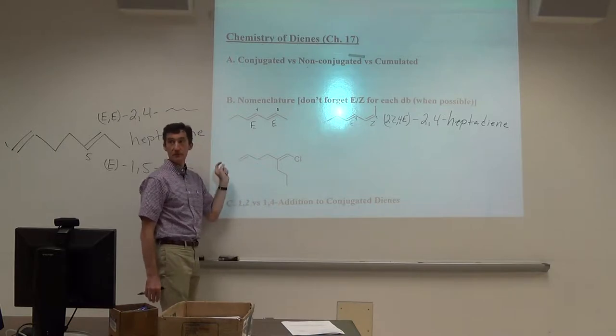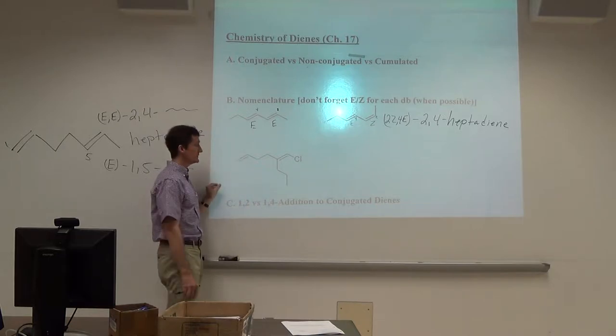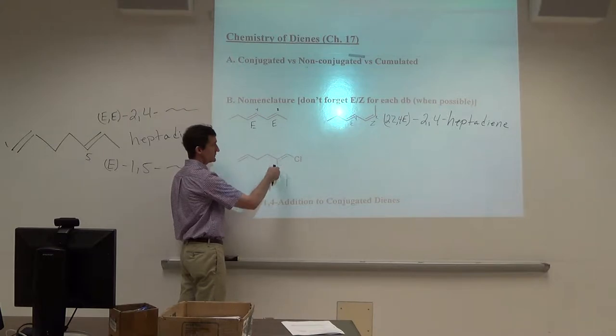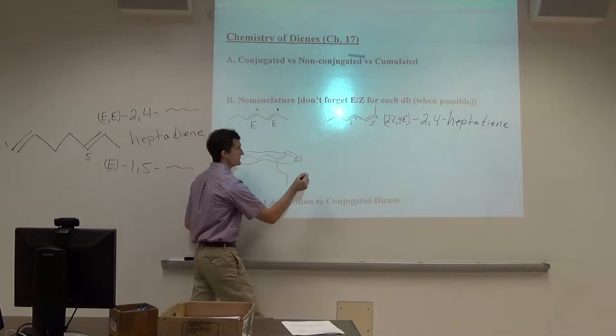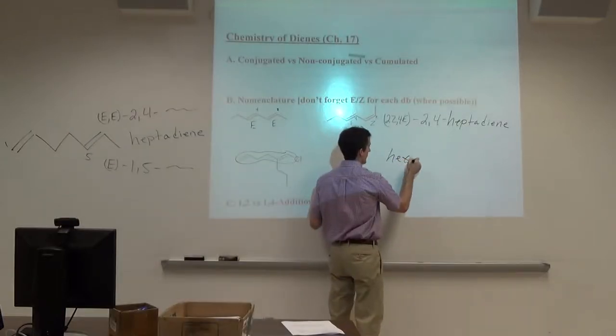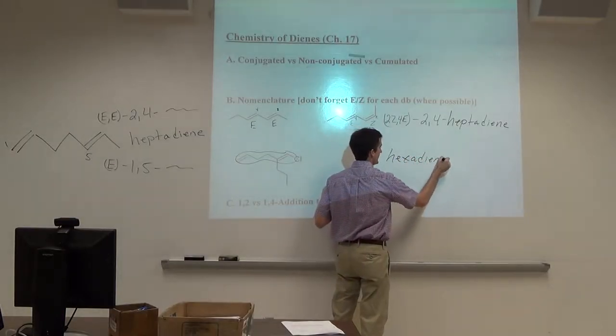Double bonds have to be included, just like alkenes. Double bond has to be included. Might as well start right here. 1, 2, 3, 4, 5. 1, 2, 3, 4, 5, 6. Hexadiene.